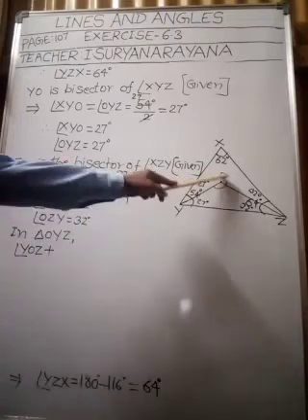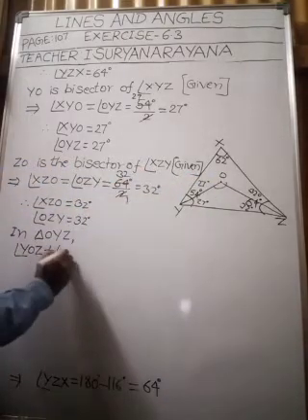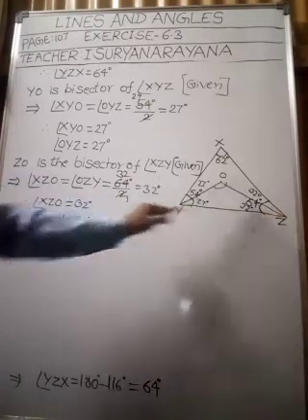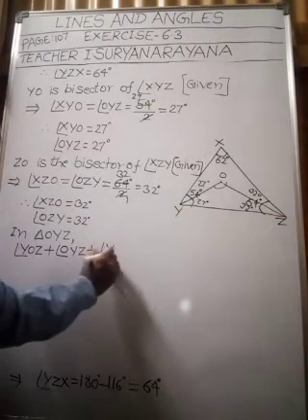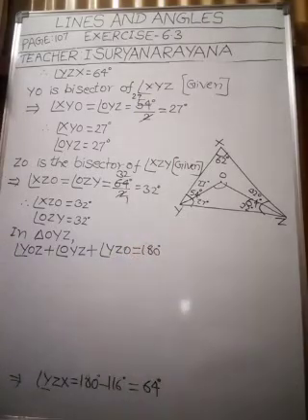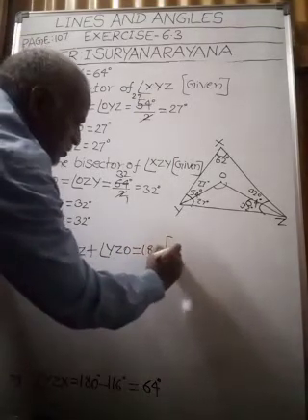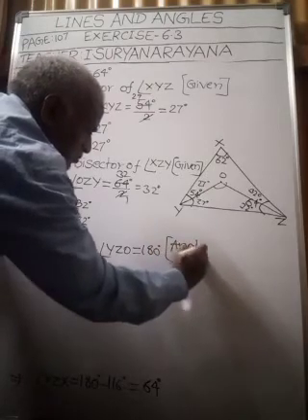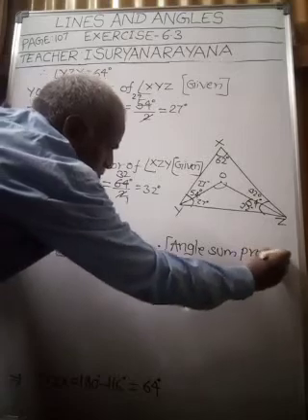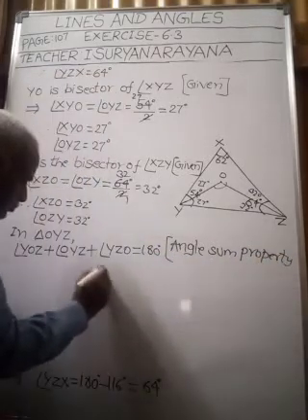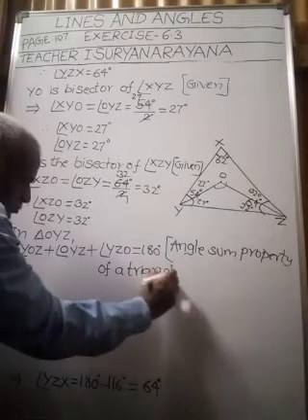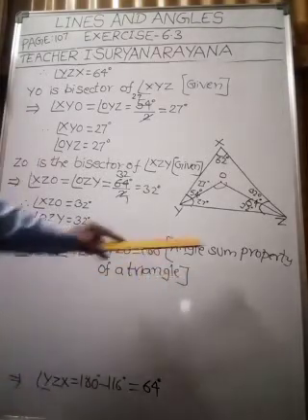plus angle OYZ plus angle YZO is equal to 180 degrees, because of the angle sum property of a triangle.